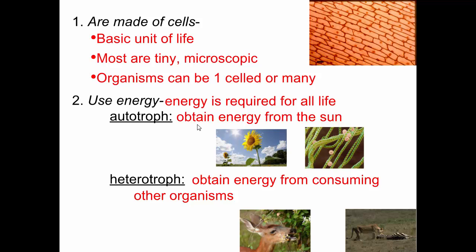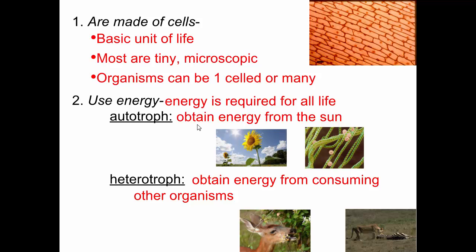So obviously this deer is a heterotroph. These eat plants. This lion is a heterotroph. It's eating other animals. Even things like a mushroom. What does a mushroom eat? Like bacteria? No, not bacteria.